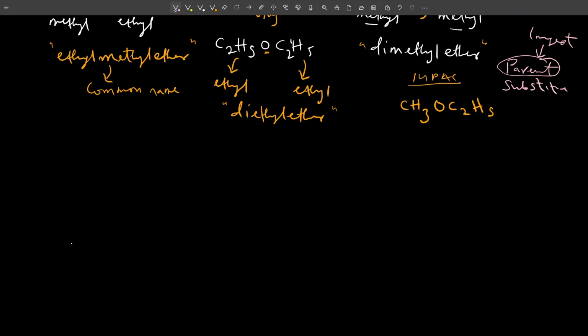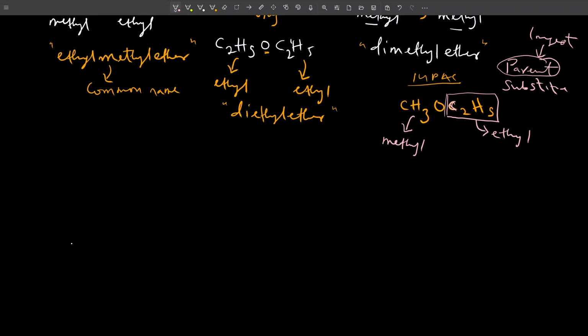Looking at these two alkyls, this is methyl, and this is ethyl. Which of them is the longest? Obviously this has two carbons, so this is the longest, and we say that the longest is the parent.